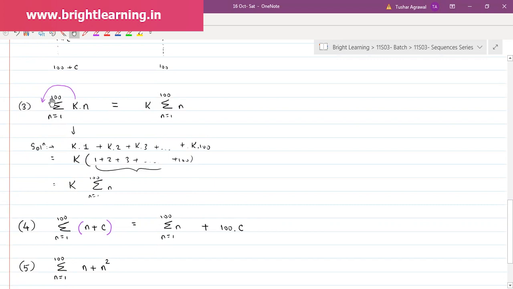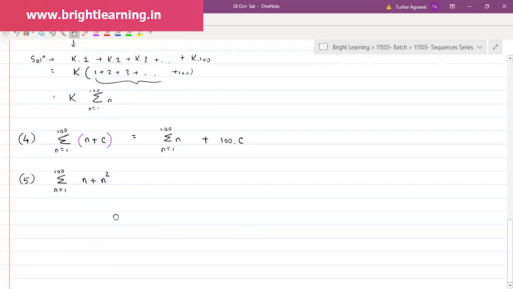If the limit is 200, it will go till 200. N equal to 1 to 200 means k into 1 plus k into 2 plus k into 3 up to k into 200. That is the meaning of this: here we impose the lower limit and the upper limit.